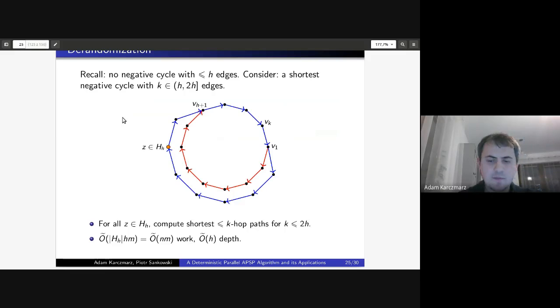And from this, we can find the minimum hop negative path from a hub to itself. If we minimize this over all the H hubs, this will give us the shortest negative cycle in this case. And again, this takes nm work and order H depth.